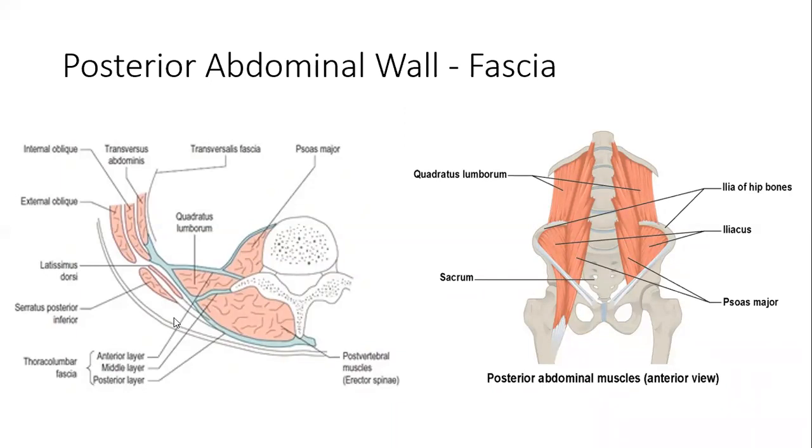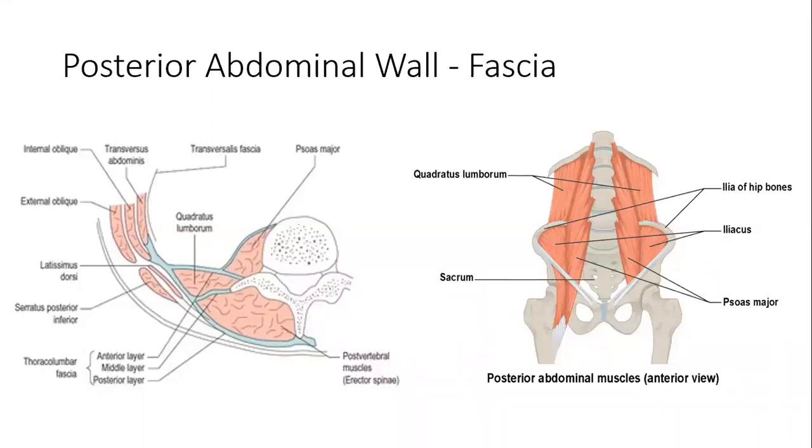Now, this fascial sheet that encloses or covers the anterior aspects of all these structures is one continuous fascial sheet.